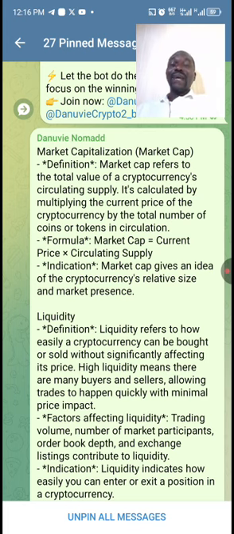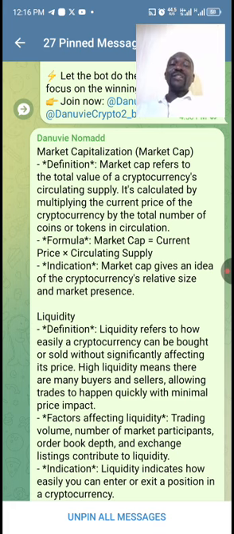The market cap of Bitcoin is determined by the total circulating supply. So if we have like 100 million coins of Bitcoin, at the current price of $100,000, if you do 100,000 times 100 million, that's the total market cap.